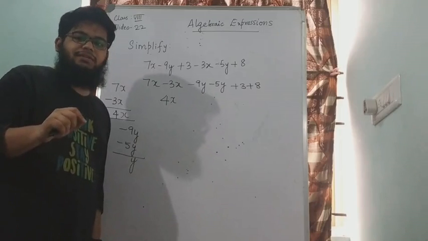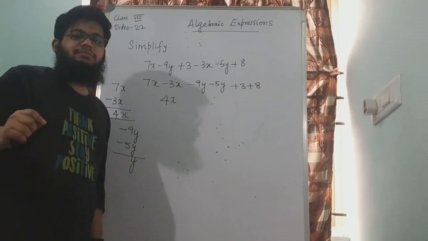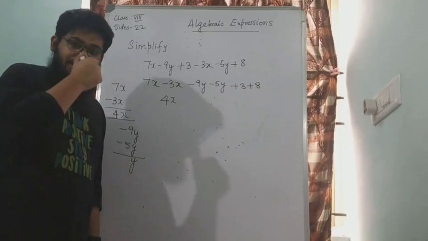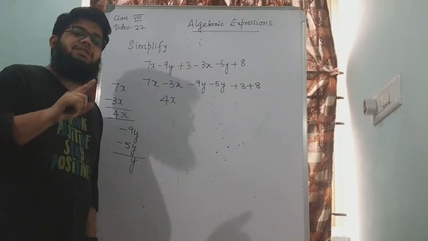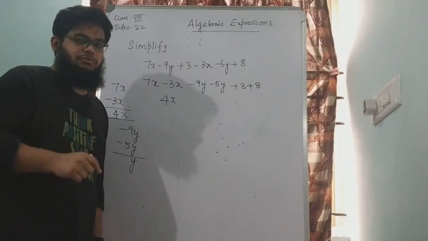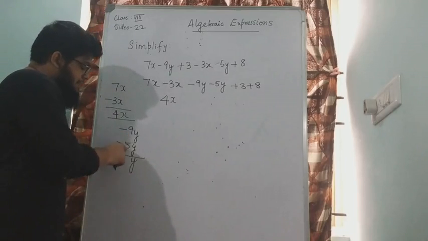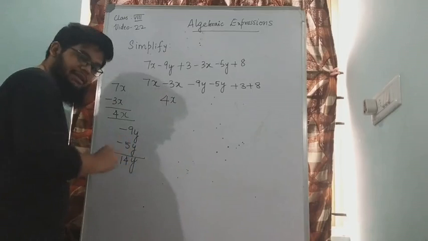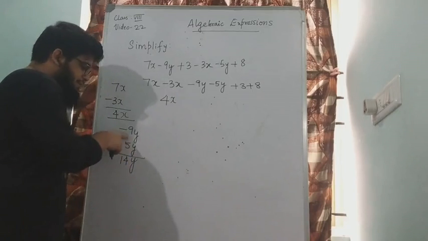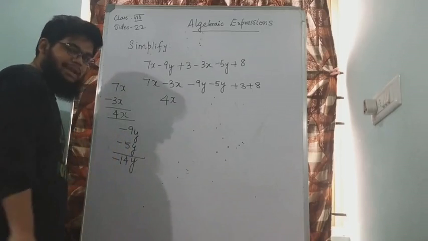Whenever we have two negative numbers and we are adding them, then the answer will also have a negative sign. Or if that is confusing, you can go with the sign of the highest number, which is also going to be minus only. So minus into minus will be plus. 9 plus 5 will be 14. Is that correct? And out of 9 and 5, 9 is definitely the higher number, it has negative sign. So you get minus 14y.